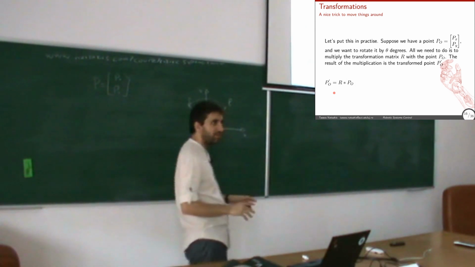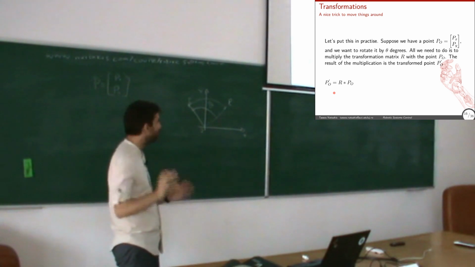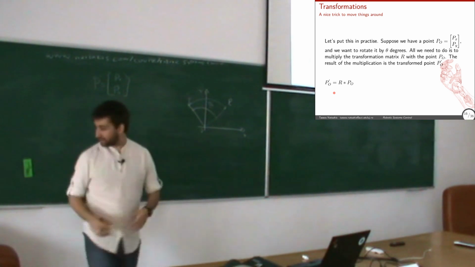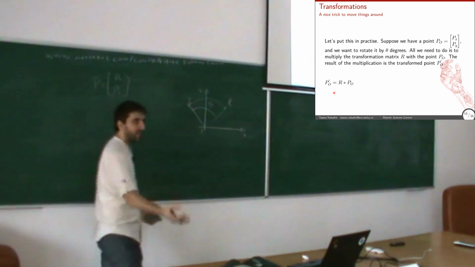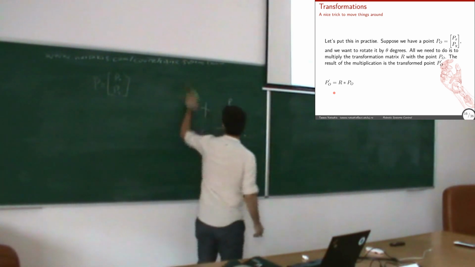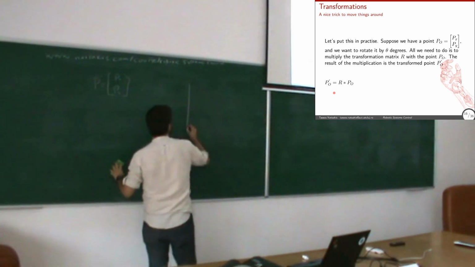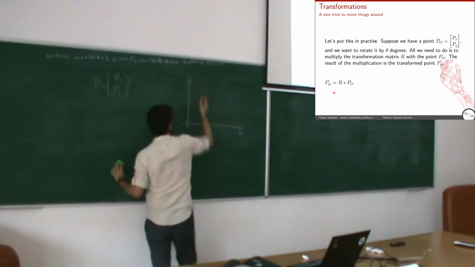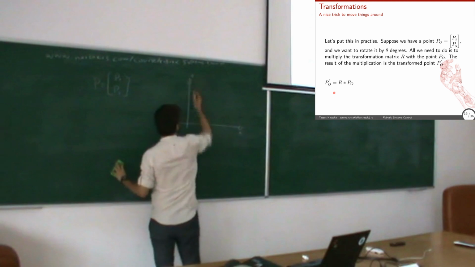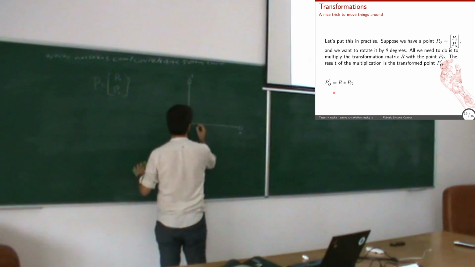Okay, do you believe me? No? You shouldn't believe me. Okay, so if you don't believe me, then we should see an example and make you believe me. Okay? Let's see one concrete example. Y, and then I have a point with coordinates 1.